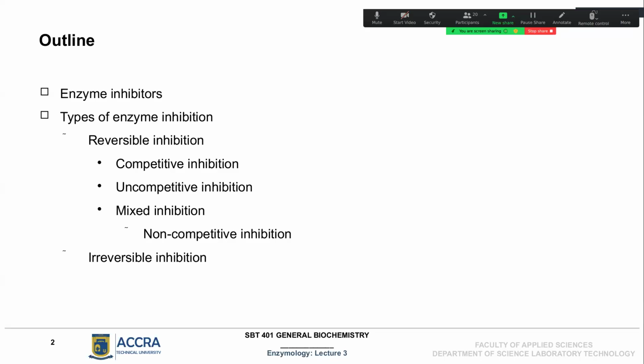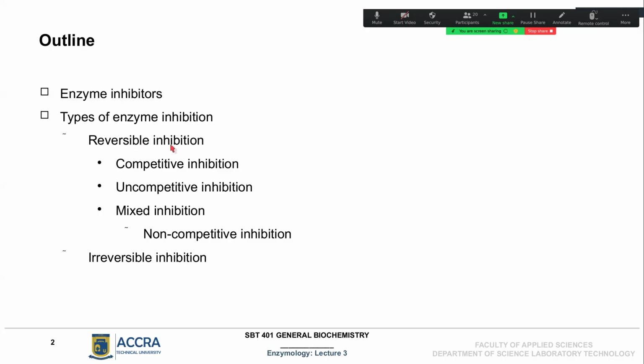So today we'll look at enzyme inhibitors much more, and then we'll look at the types of enzyme inhibition that we have. And under the types of enzyme inhibition, we'll look at reversible inhibition and irreversible inhibition.